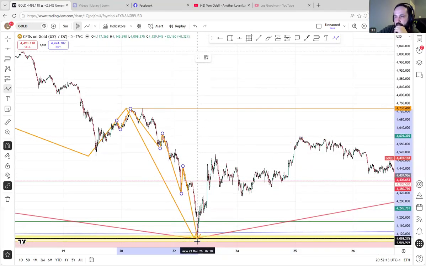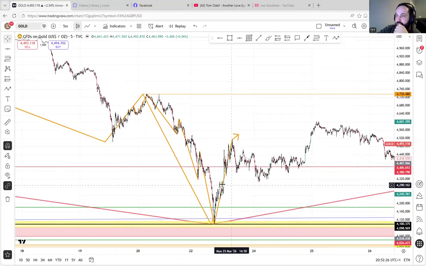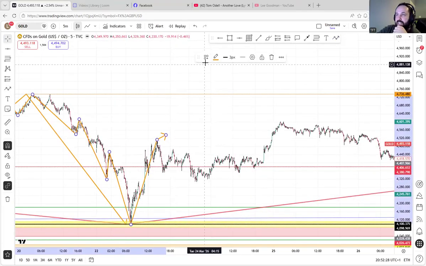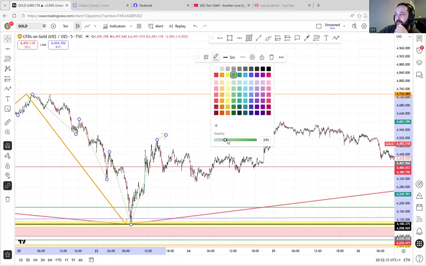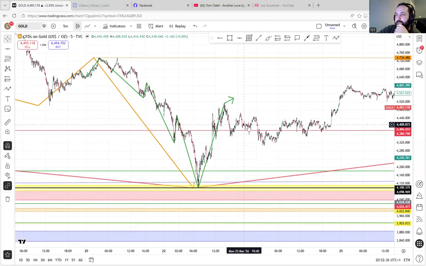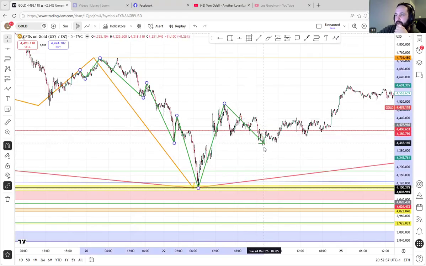We eventually put the low in, obviously, at the minute. And then we break this high. So this is the high that puts in the low. And this is the signal that we are basically getting some bullish price action. 1 minute, I'll turn it green. Now we pull back, obviously.